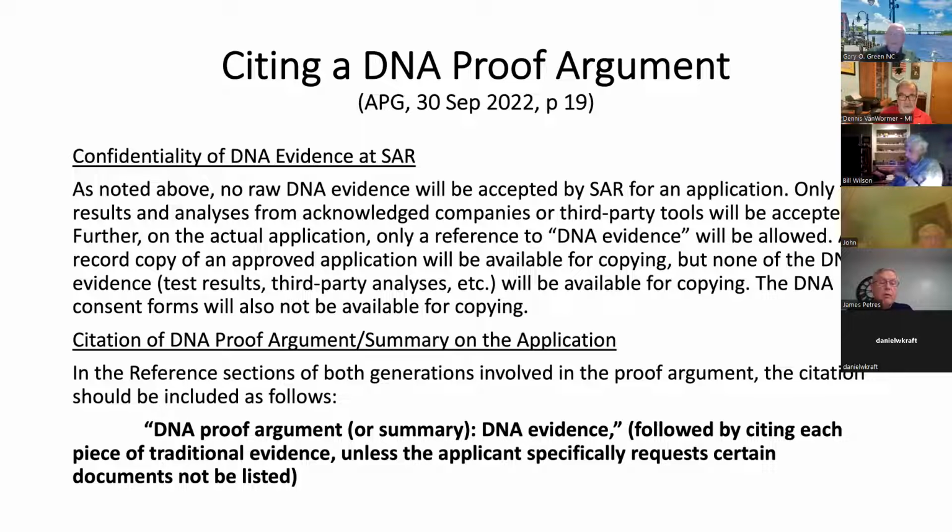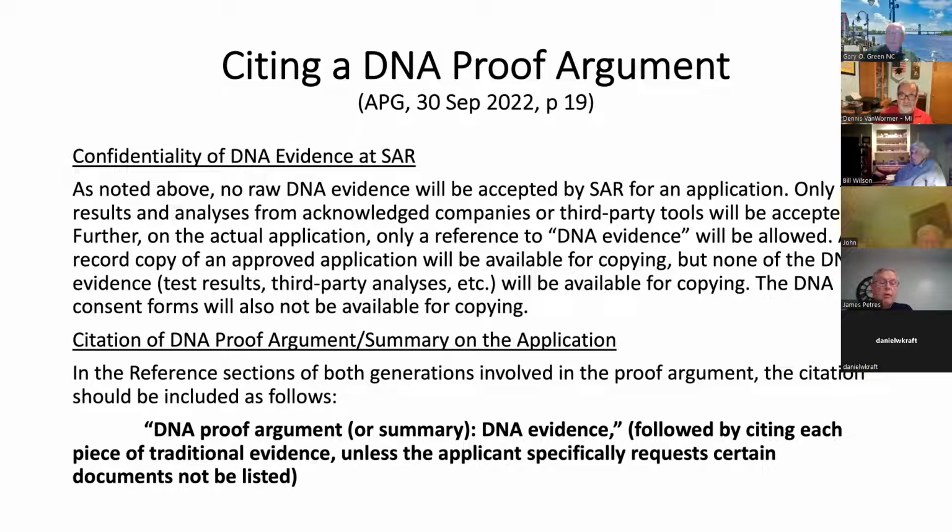So on the actual application, you would only make a general statement that there is DNA evidence. You still put in your conventional evidence that you have, whatever it might be, but you just make this general statement. So it won't show on the application, nor will any of the DNA evidence be available for copying.